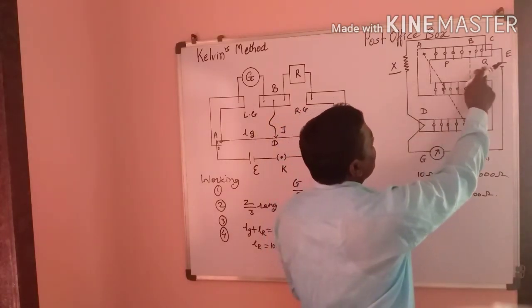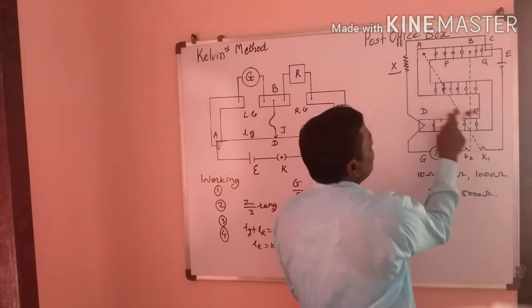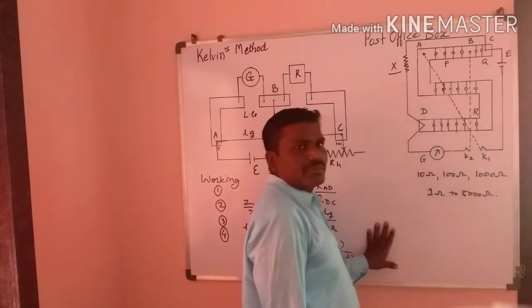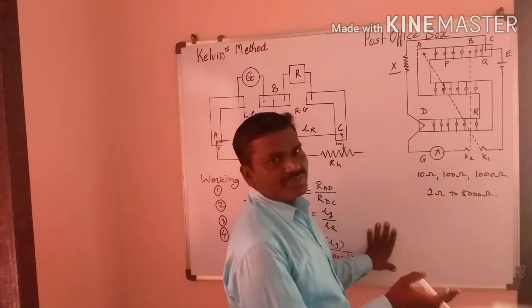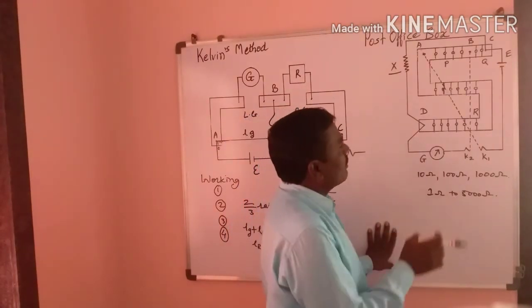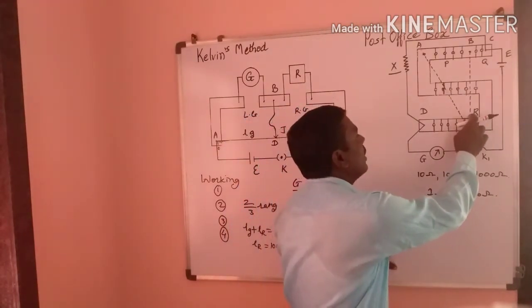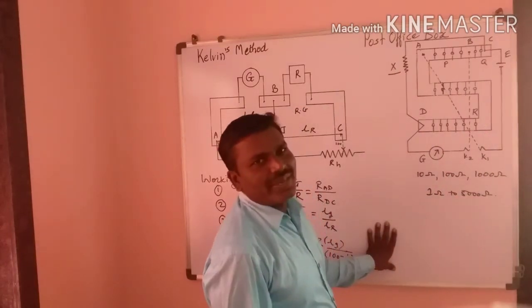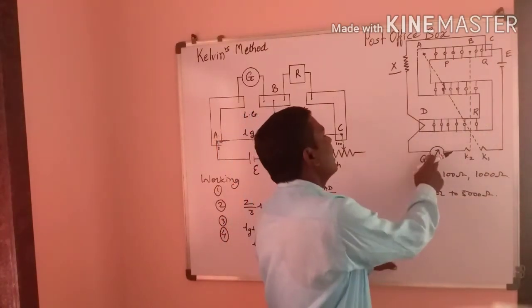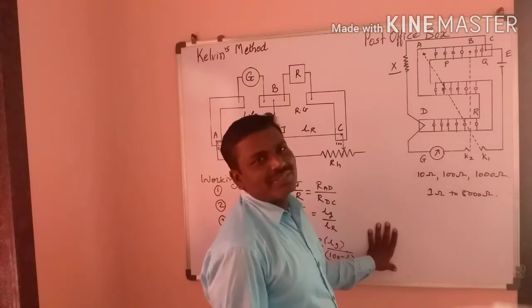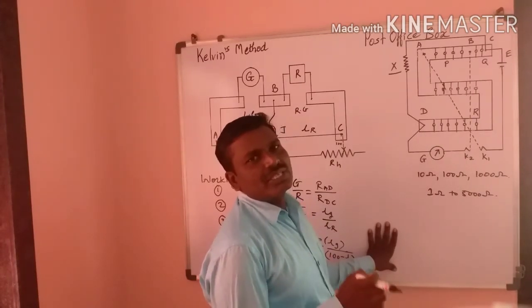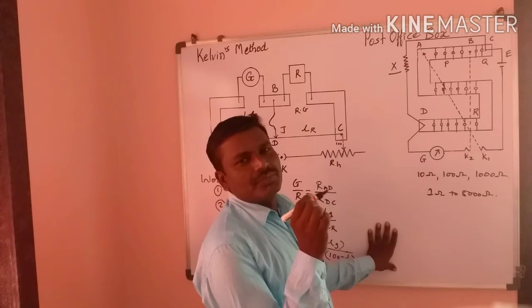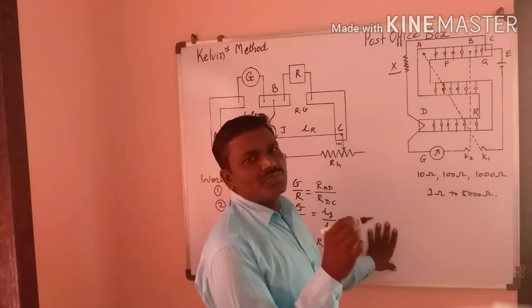This P and Q are the two resistances and this unknown resistance, and this R is the fourth resistance. That means we remove the resistance from this arm R in such a way that we get a null deflection in the galvanometer. At that time there is a null point, and we have the Wheatstone bridge condition.